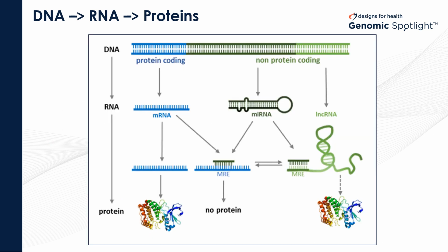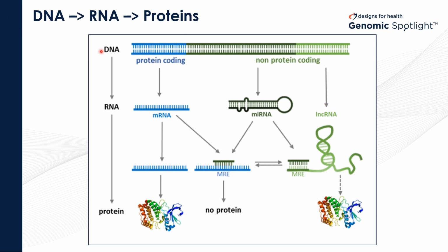In the context of genetics and genomics, DNA can be broadly categorized into two main types, protein coding and non-protein coding DNA. Additionally, within the non-protein coding DNA, there are different types of functional non-coding RNAs, such as microRNA and long non-coding RNA.